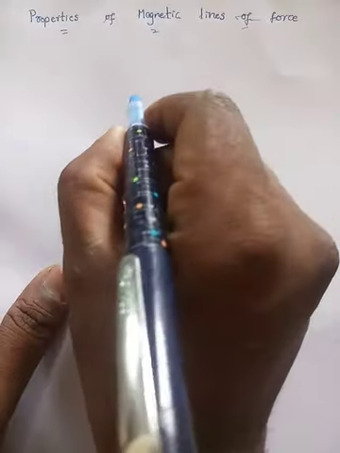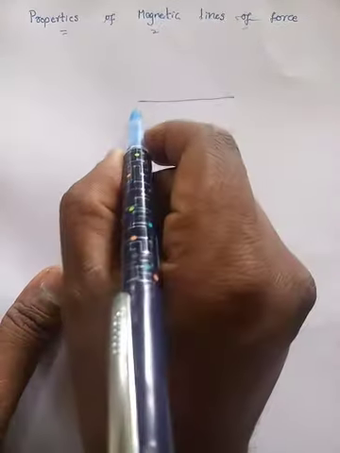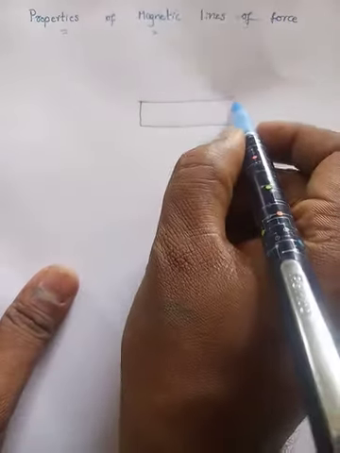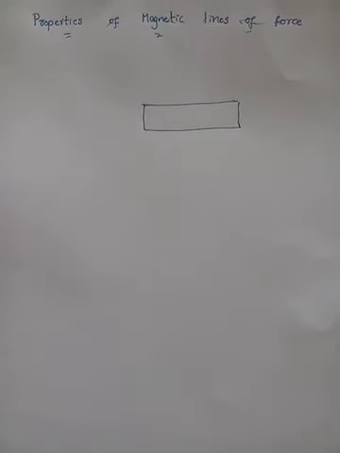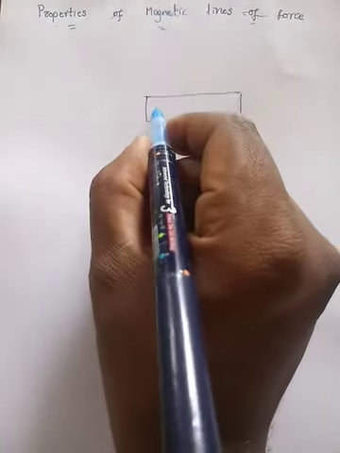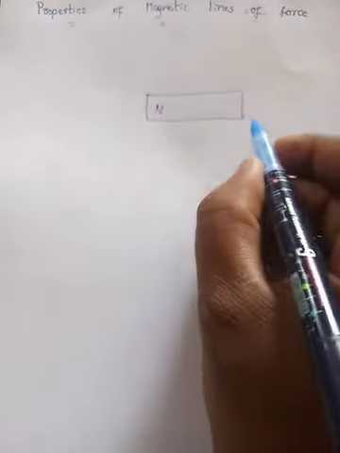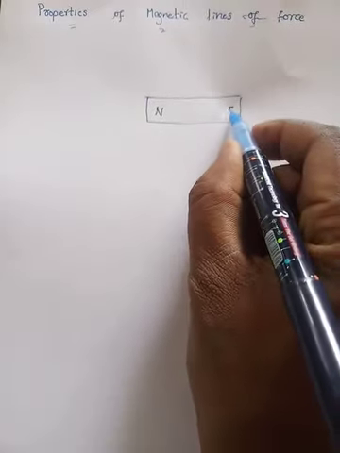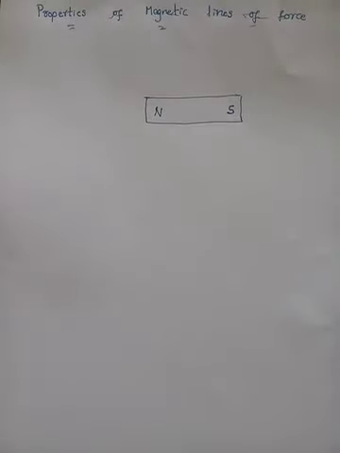Here, how to draw magnetic lines of force? Take a bar magnet. As you know, a bar magnet has two poles. The pole pointing towards north is called the north pole and the pole pointing towards south is called the south pole. Now, to draw magnetic lines of force, take another north pole.